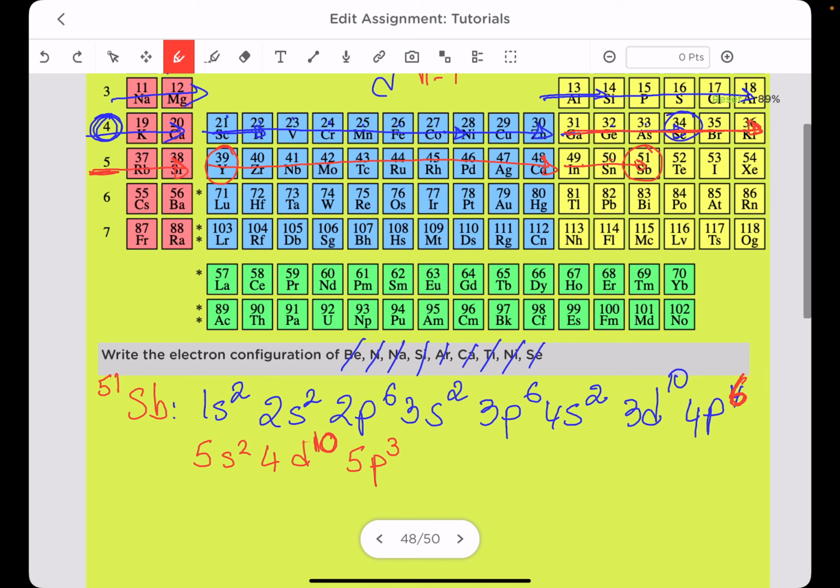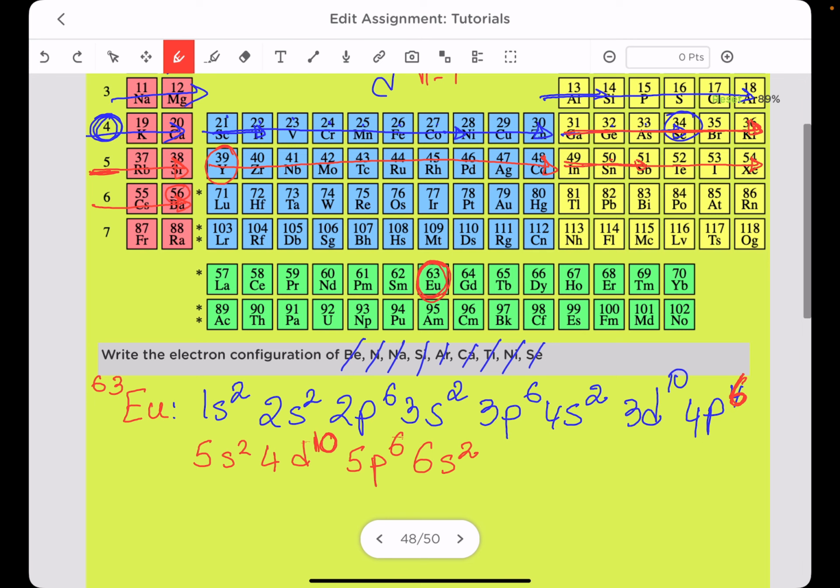Let's say you are asked to write the electron configuration of europium, the one over here. So let's change the example and write Eu with 63 electrons. So instead of stopping at antimony over here, you're going to take all the 5p, so 5p6, then take all the 6s2, and now stop a little bit.